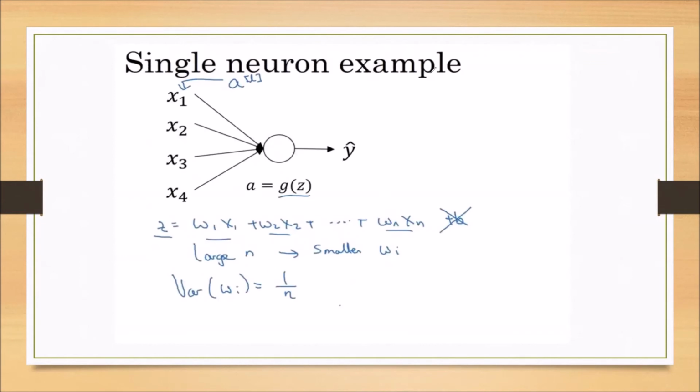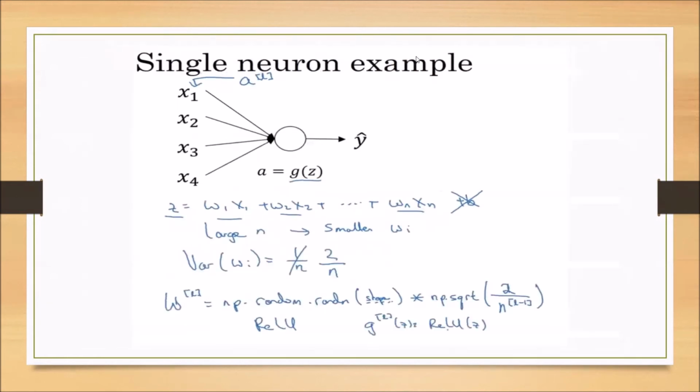We are varying inversely. When we are taking the rectified linear unit, for example, we write it as 2 by n. So how do we implement it? By using the Python code np.random.random, we take a random matrix depending on the size of the W matrix.